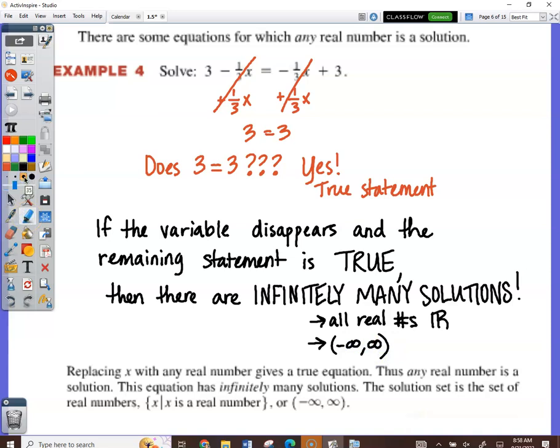Lots of ways to represent it. So when it's true, it means infinitely many solutions, all real numbers possible. And that's because if you look at the actual equation itself, the left side and the right side are identical. Looks like a mirror image.